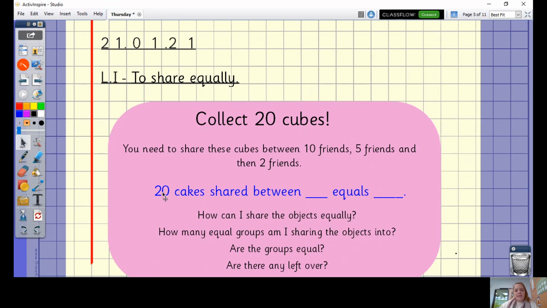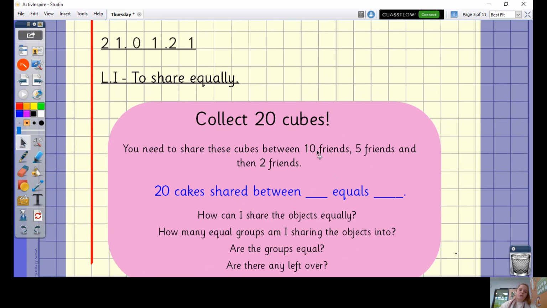Okay, once you've done that, I want you to finish this sentence. 20 cakes shared between blank equals blank. So this number would either be 10, 5 or 2. So 20 cakes shared between 10 friends, 5 friends or 2 friends. And then you need to find out how many there are in each group.